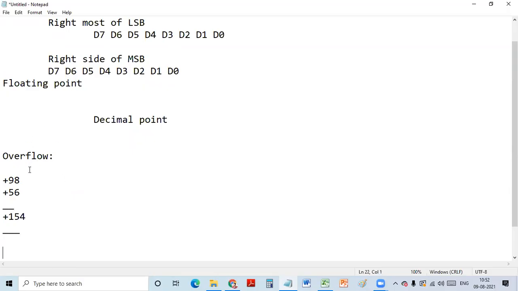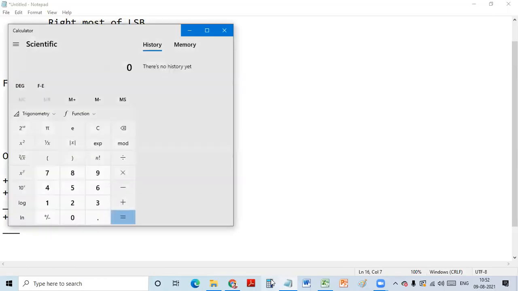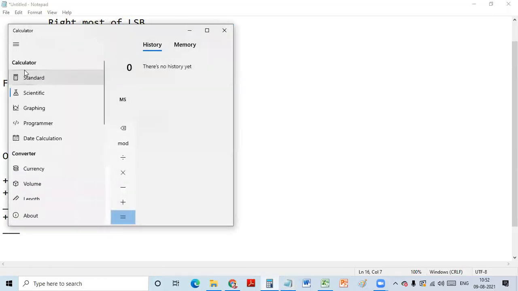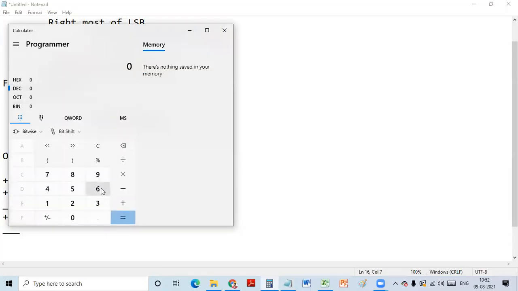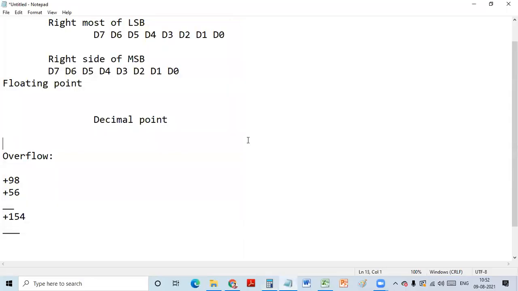So if you want to do the same operation with the help of a computer, how is plus 98 represented? I'm using a calculator. You can go by the division and remainder method. In decimal, 98 corresponds to, in hexadecimal, 62. In binary, it is 0 1 1 0 0 0 1 0.